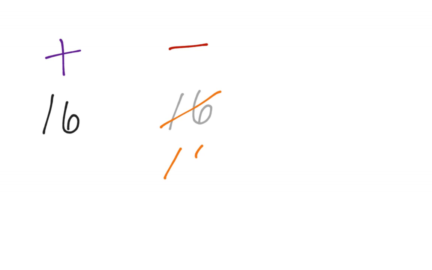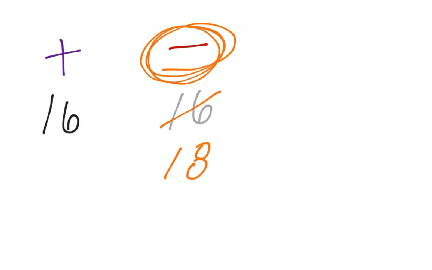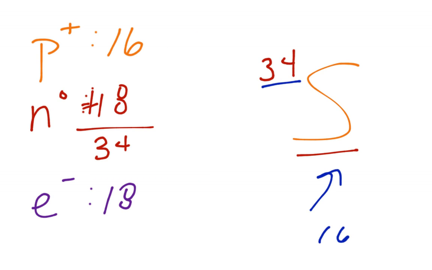We don't have this, we have that. Okay, which means I have 2 extra negative charges on my sulfur. So I'm going to write that as well, as 2 negative. And you can put negative 2, it doesn't matter. I'll probably usually put it this way.